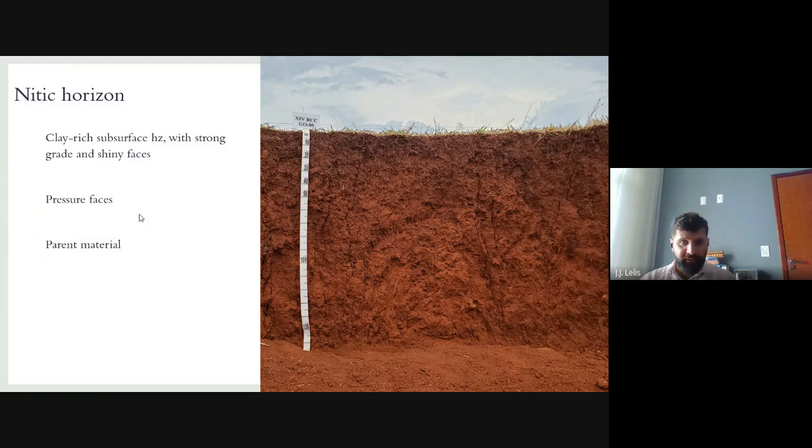The clay content is quite the same, or not high enough to identify an argic horizon. And the nitic horizon should present a strong grade, with several aggregates or pads. The high content of clay here favors the formation of pads or aggregates.